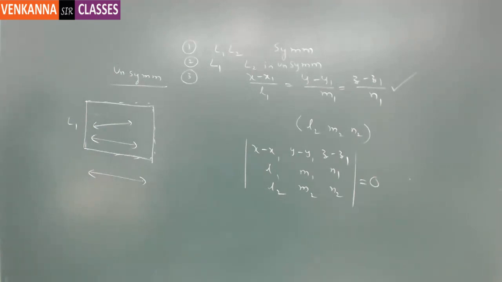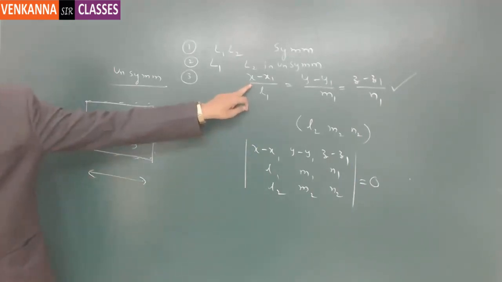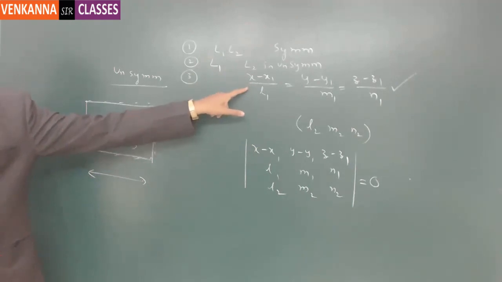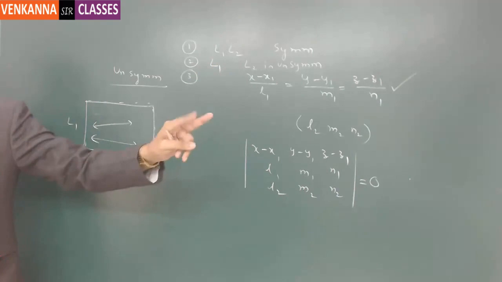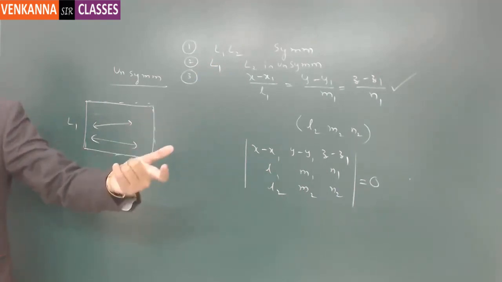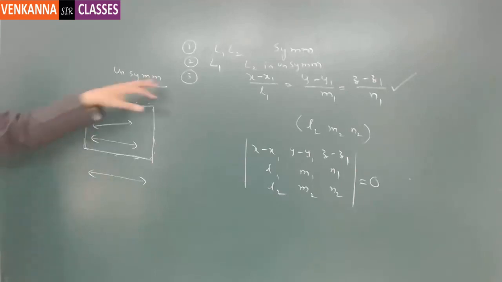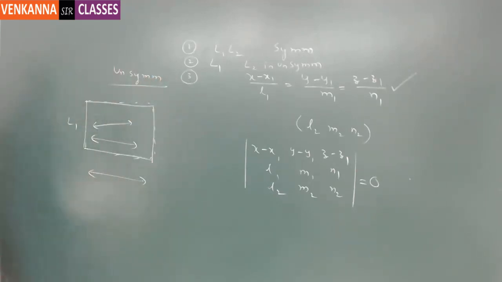First case, both lines are in symmetric form. That means both line equations are given in this pattern. Second, one line in this pattern, another one in unsymmetric form, nothing but two plane equations are given apart from giving L2 straight away. And third model is both the lines are given in unsymmetric form. That's it.